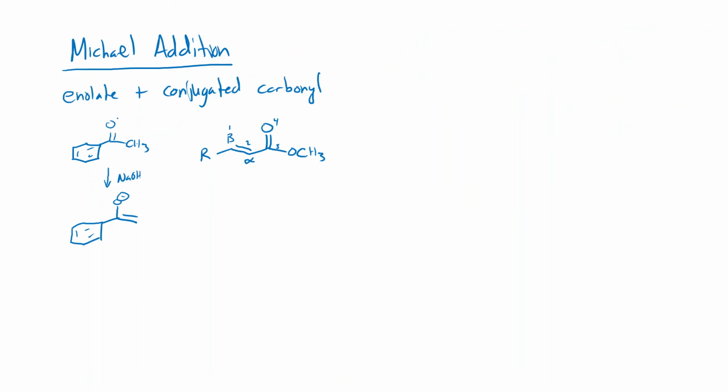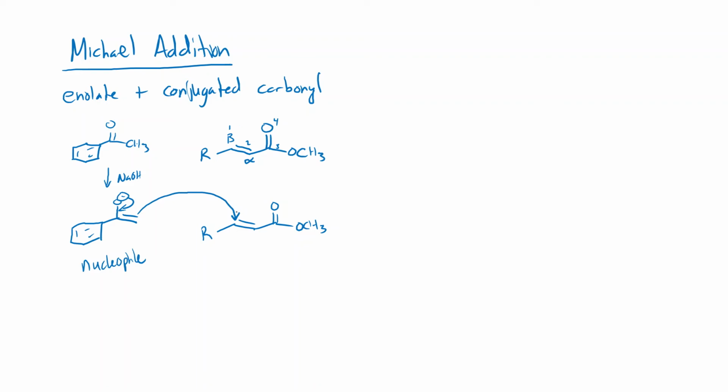We made a nucleophile. The enolate is going to be our nucleophile. And so when we react this nucleophile with our conjugated carbonyl, remake the carbonyl over here, this is going to react at the beta position. Right? And we're going to add electrons to that beta position.